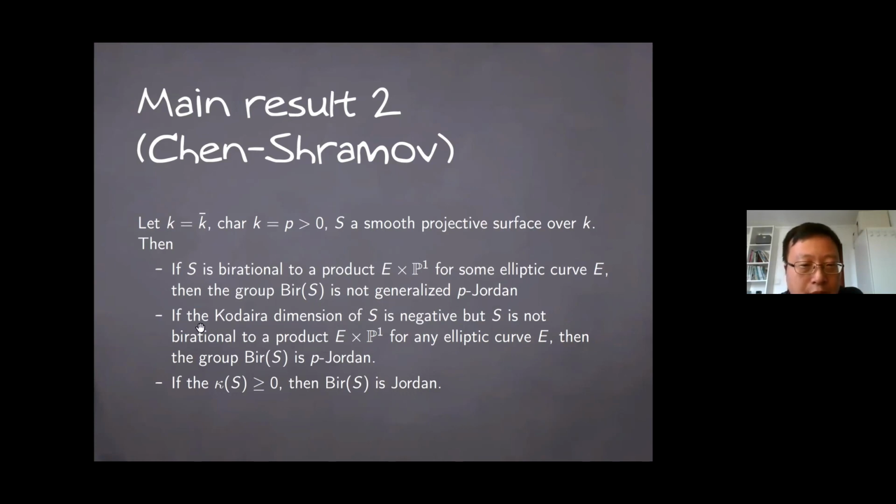In other cases, if the Kodaira dimension of S is negative, but S is not birational to this product, elliptic curve times P1, then the birational automorphism group of S is P Jordan. If Kodaira dimension is greater than or equal to 0, by the previous result, in this case the birational automorphism group of S is Jordan because we can reduce to a minimal model and then we can show it. So this is a similar result as Popov.